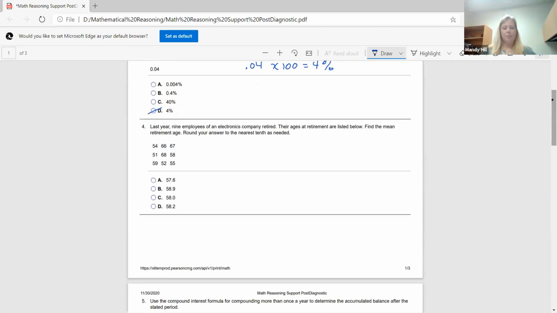Okay. Number 4 says, last year, 9 employees of an electronics company retired. Their ages at retirement are listed below. Find the mean retirement age. Round your answer to the nearest 10th as needed. Well, to find the mean, you're going to want to take all the numbers.